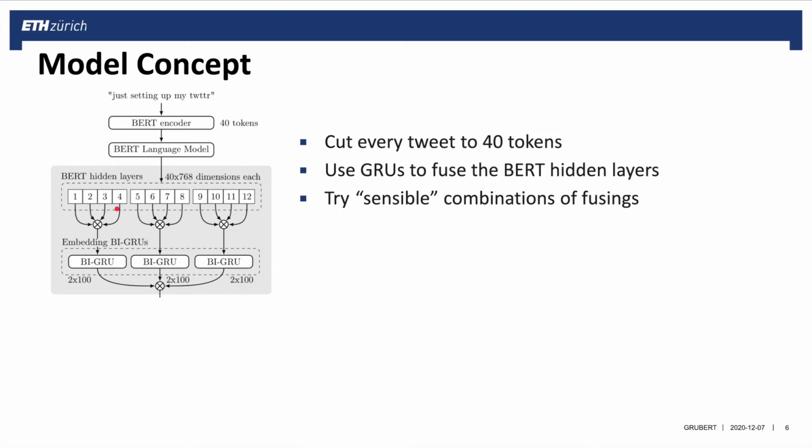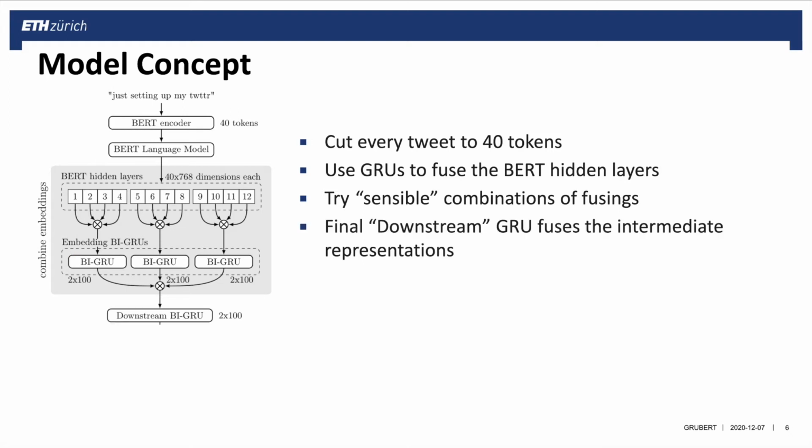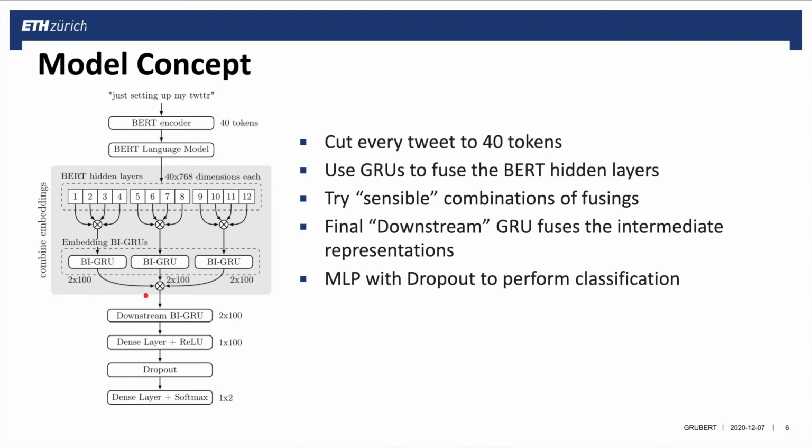So we use group sizes which are a divisor of 12, and of course each group contains consecutive BERT hidden layers. And this step can be seen as an embedding combination step to find a combination of the BERT embeddings which hopefully performs well for the downstream task. Once this is done, a final downstream BiGRU fuses the intermediate representations, and the output of this is then fed through an MLP with dropouts to perform classification.